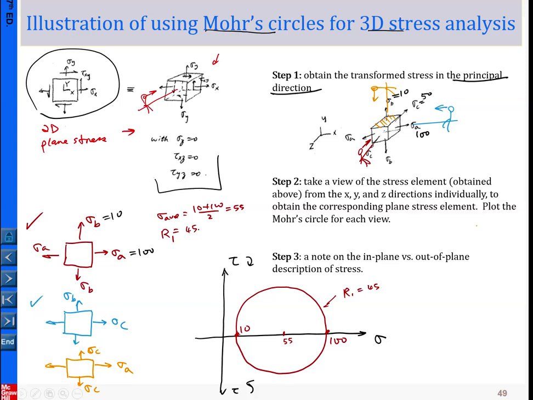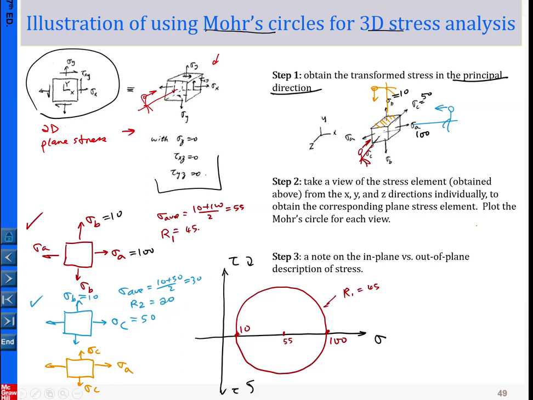So now I'm going to draw this circle here. So sigma C equal to 50 and sigma B equal to 10. Okay, so for this case, the average equal to 10 plus 50 divided by 2 equal to 30. Let me call the radius R2 equal to 20 here.